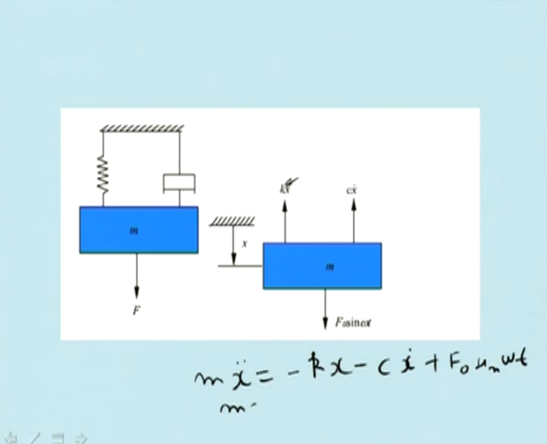Therefore, this can be written as m x double dot plus c x dot plus kx is equal to F0 sin omega t.